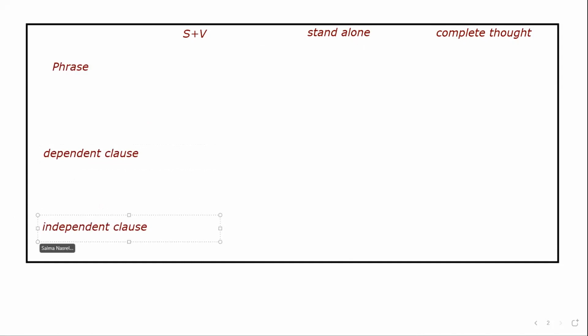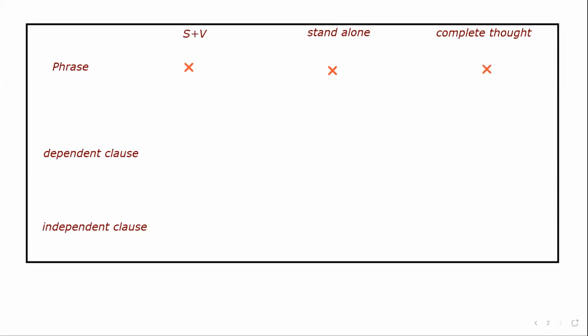So the phrase, a question: does it have subject and verb? Yes or no? No. Can it stand alone? Can I just say in the morning, full stop, as a sentence? Nope, never. Does it give a complete thought? In my room? Is this a complete thought? Nope, it's not.